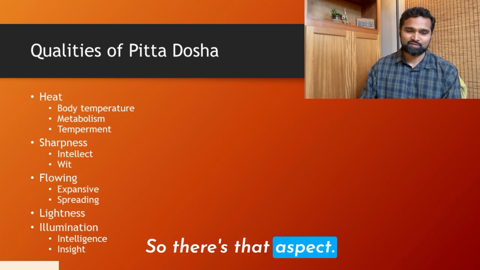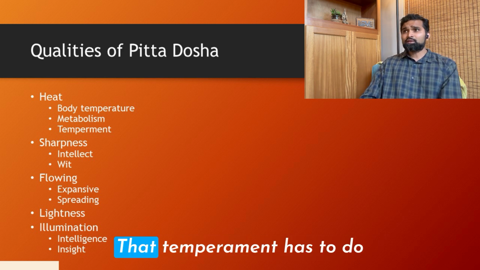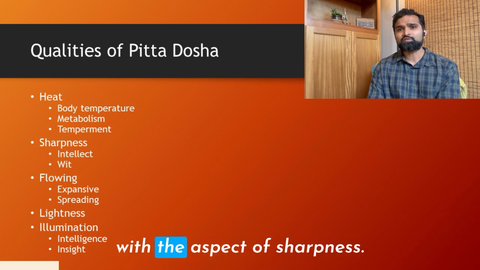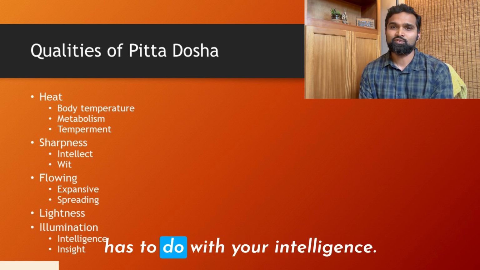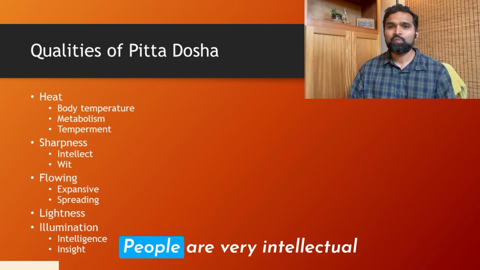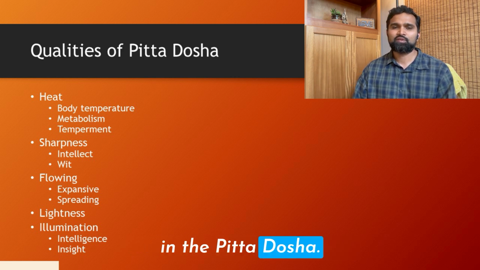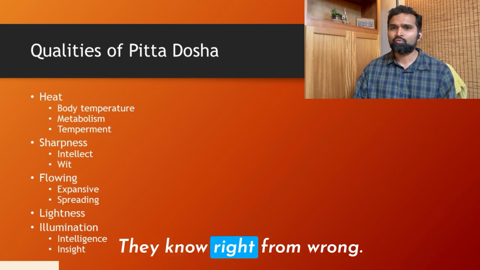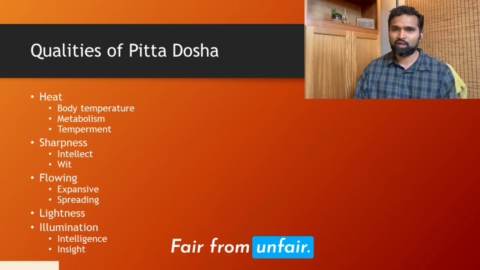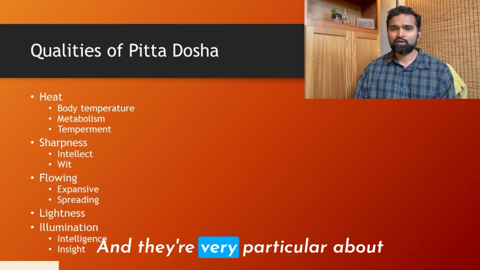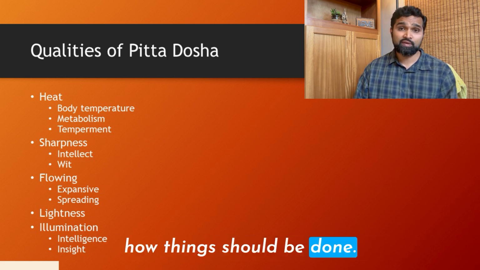That temperament has to do with the aspect of sharpness, and that sharpness has to do with your intelligence. People are very intellectual in the Pitta dosha. They know right from wrong, just from unjust, fair from unfair, and they're very particular about how things should be done.